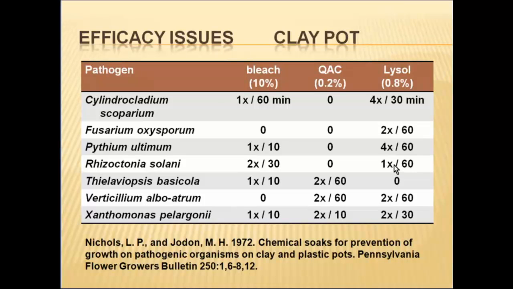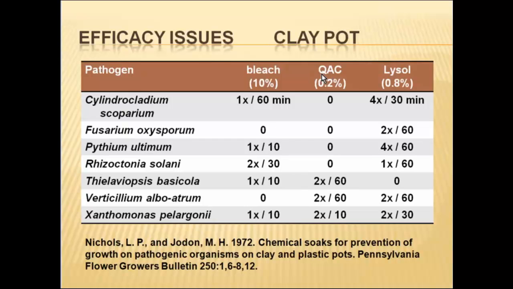So there's 4 times the product. And so with bleach, for the most part, a label rate worked. With the case of Cylindrocladium, though, it took a 60-minute contact time. And with 2 genera, they didn't get 100% mortality, even with the 60-minute contact time with a 4 times rate.